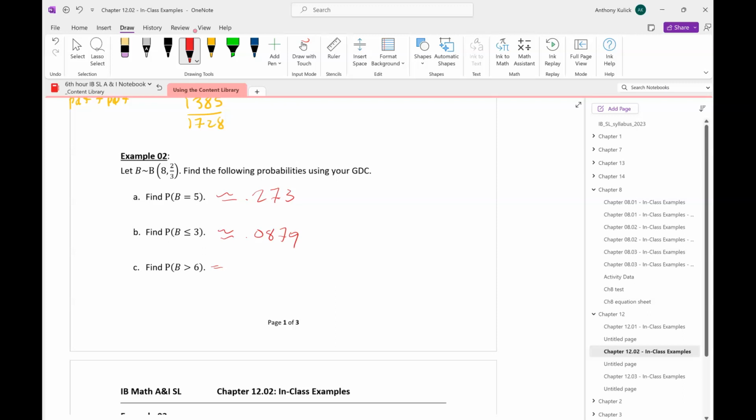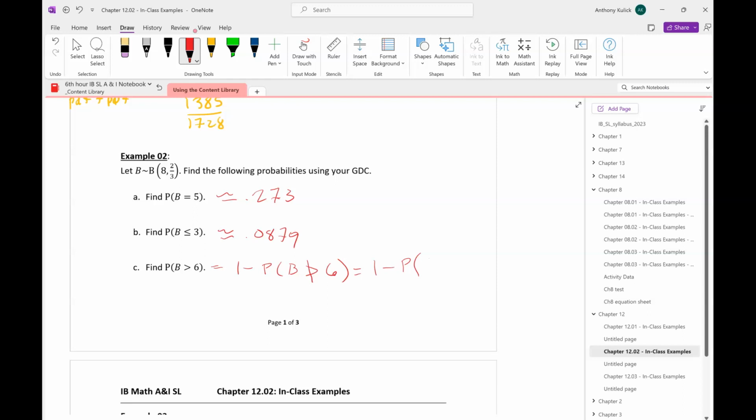We do the complement, right? So we're going to do 1 minus the probability that B is not greater than 6. What does not greater than 6 mean? What are the numbers that are not greater than 6? Anything under 6?